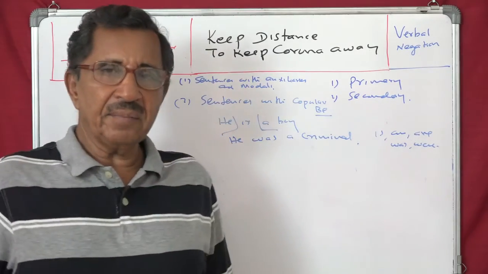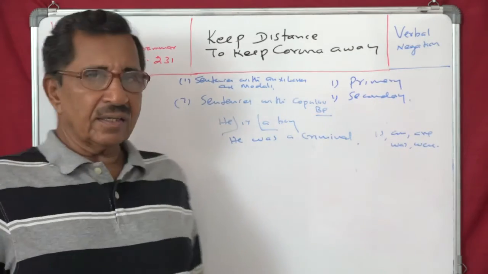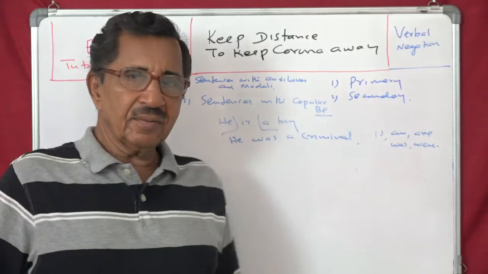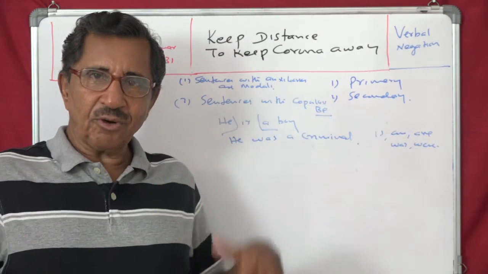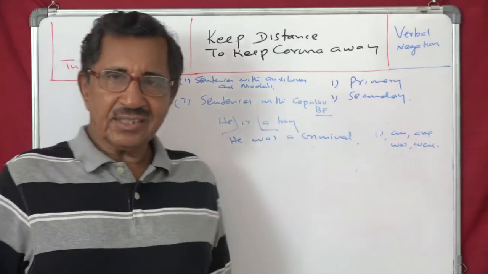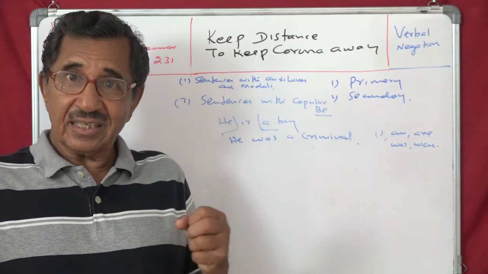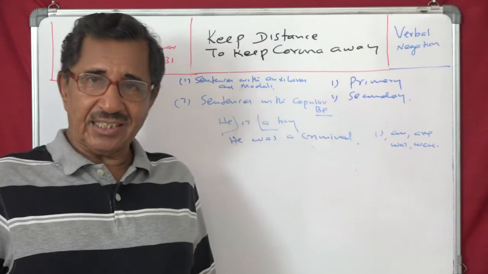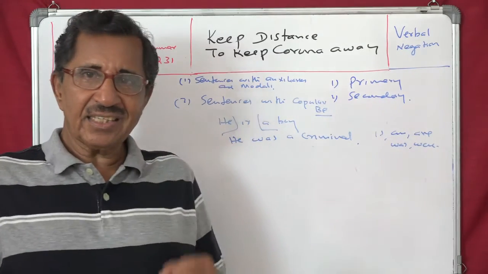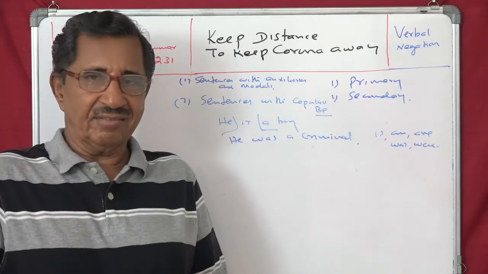I am a teacher, I am not a teacher. They are criminals, they are not criminals, they aren't criminals. He was a teacher, he was not a teacher, he wasn't a teacher. They were singers, they were not singers, they weren't singers.